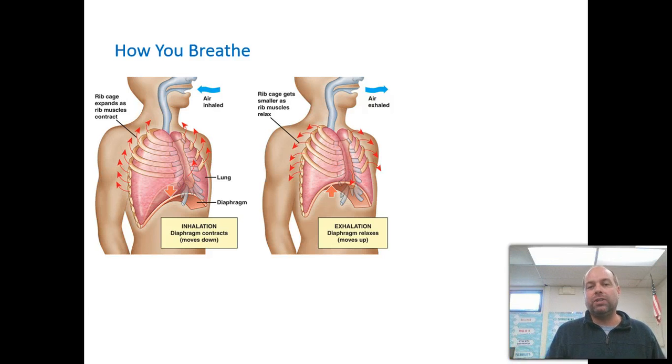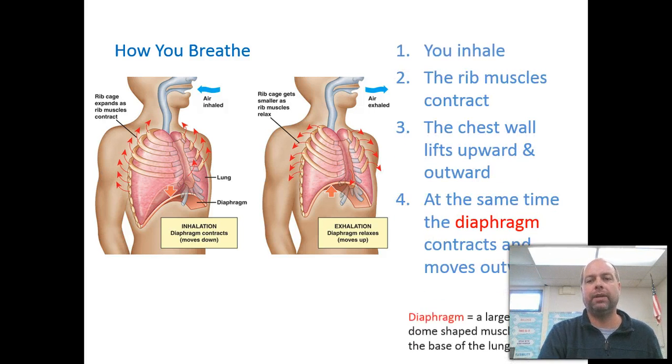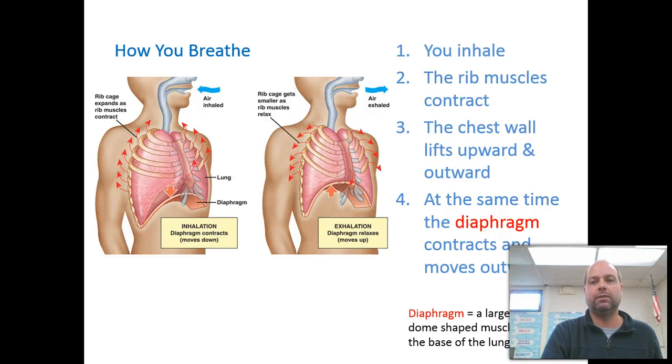When you breathe out, your ribs contract, your diaphragm goes up, and the air gets exhaled. So that's how humans breathe. And here it is in writing. So pause this, write this down, and then we can move on to the next slide.